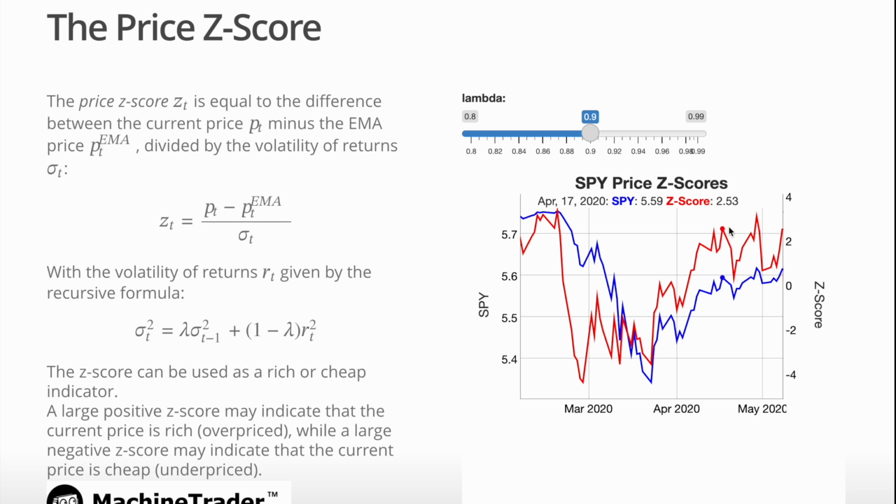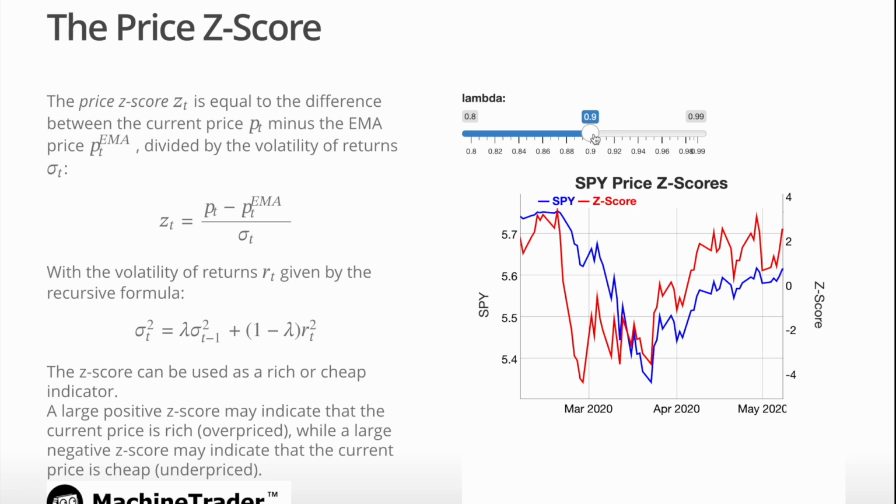And the z-score has positive values after the prices have recovered. And that's why the price z-score is often used as a rich and cheap indicator of prices. Rich prices meaning they're overpriced, prices are high, and cheap prices are low.